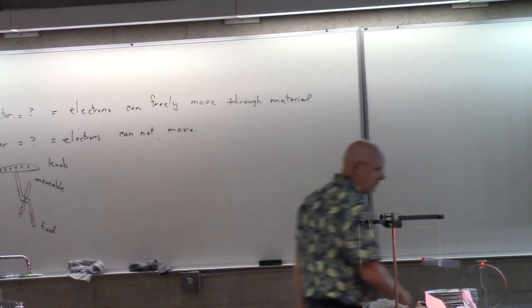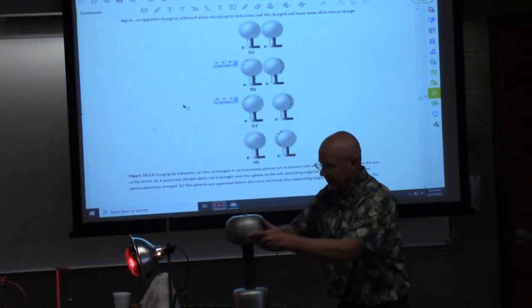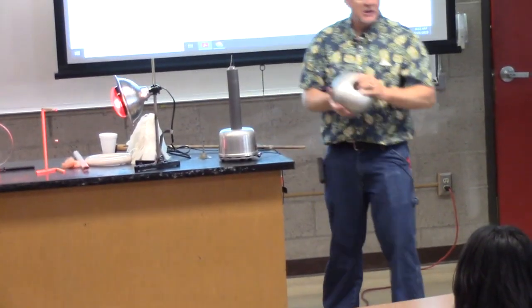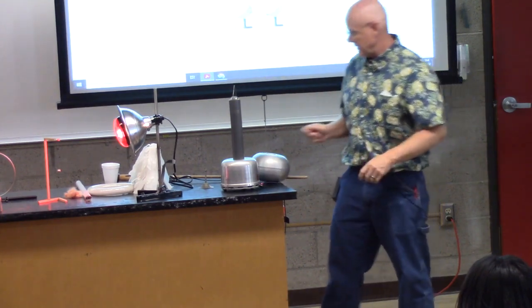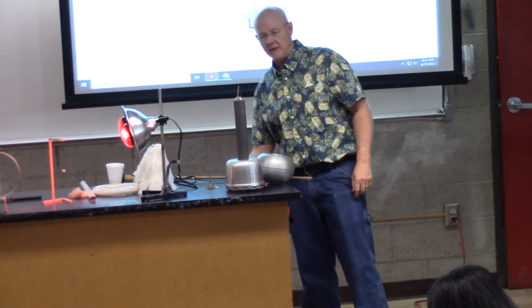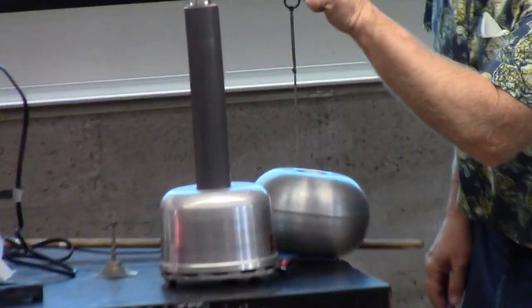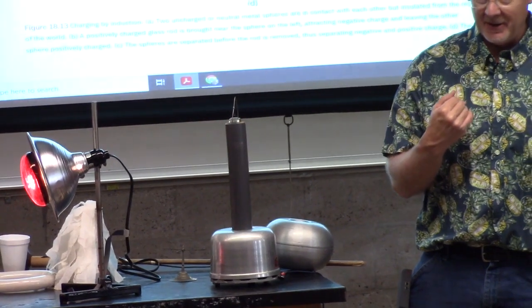Well, to make it more fun, I will do this. I can only rub so hard, but this electric motor with a rubber belt up here rubs right up here. And it can rub a lot more than I can rub.